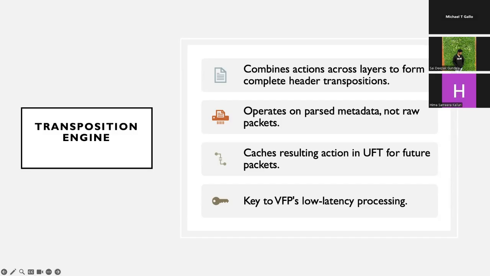The composite action is cached in the UFT for future use. As you see, it doesn't touch the raw packets; it only operates on packet metadata. This is key to VFP's low latency processing, and it combines actions across layers to complete header transpositions.